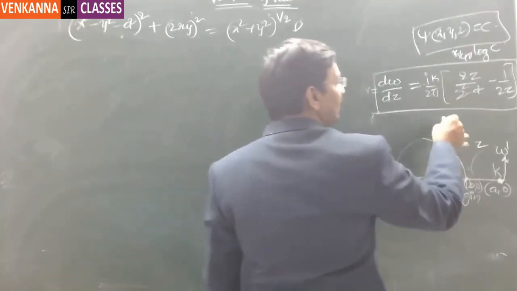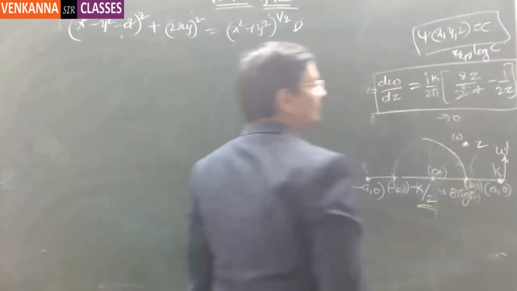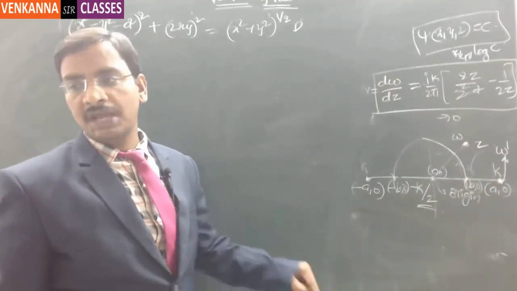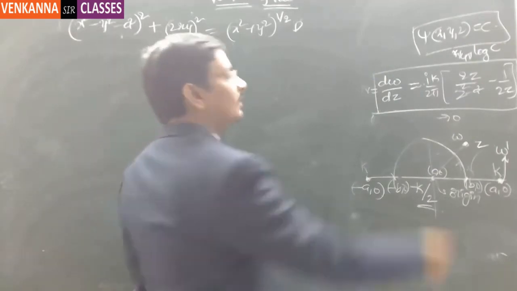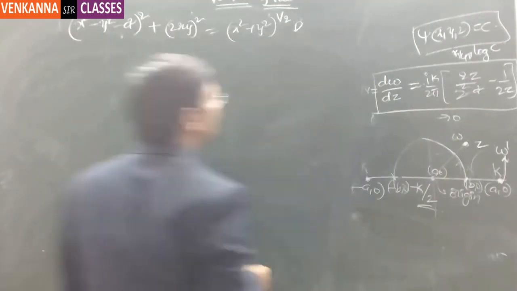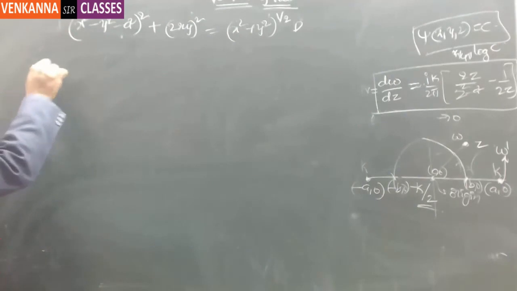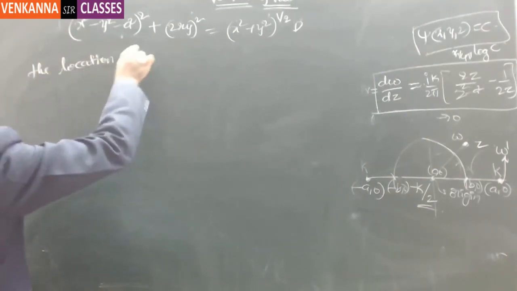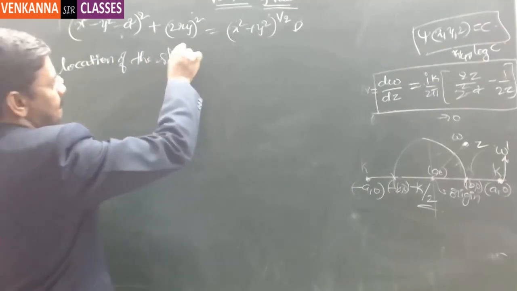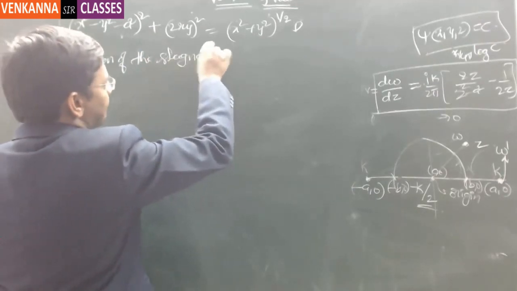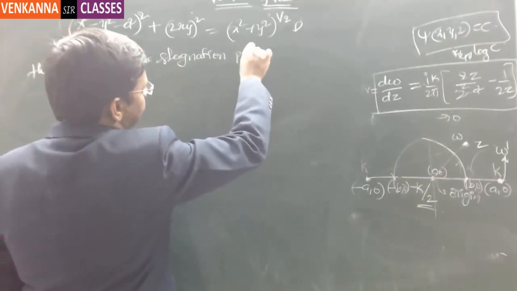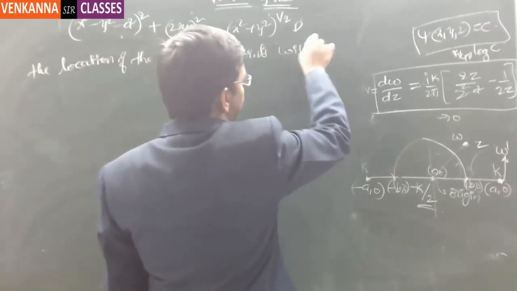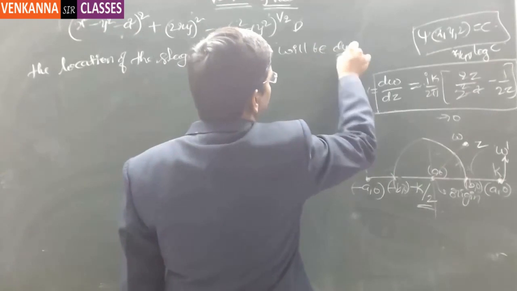If I equate this to 0, then I get the location of the stagnation point in the complex form. Now let us take this and equate it to 0. So the location of the stagnation points will be dw by dz equal to 0.